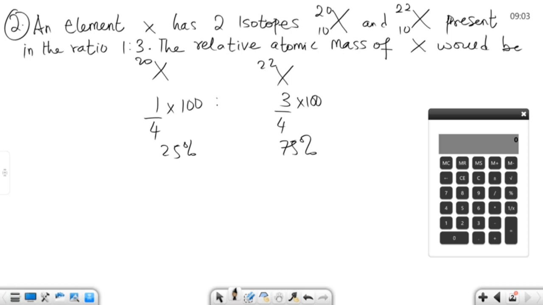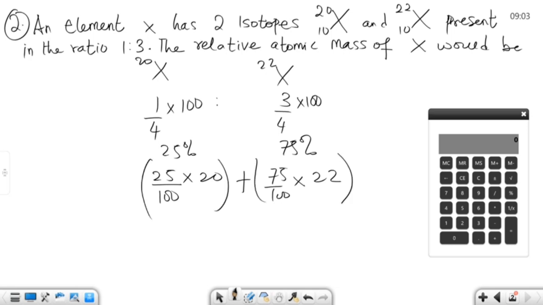So solving on, we have 25 over 100 times 20. Then this one becomes 75 over 100 times 22. So if you solve for this, remember you are adding the both of them. So this becomes 25 times 20 divided by 100, you're going to get 5.